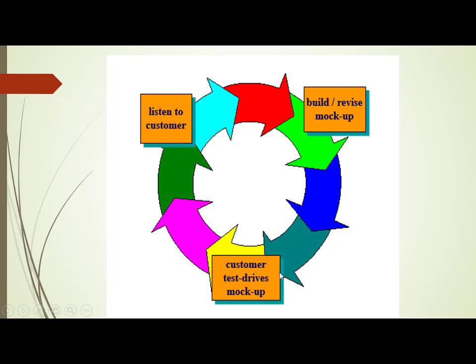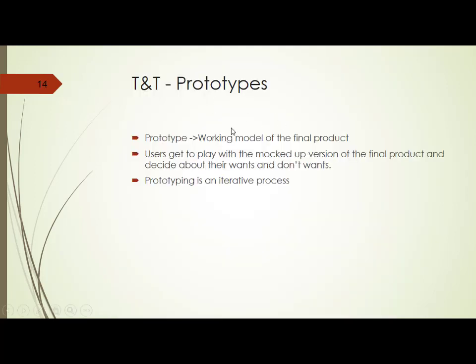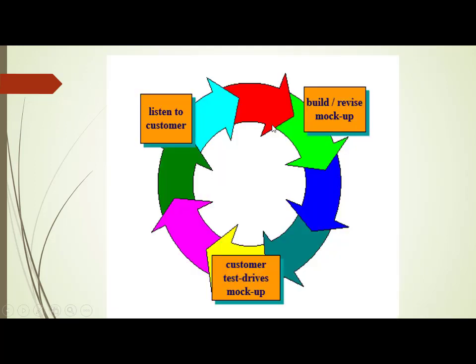So like this it keeps on going. Iterative. What is the meaning of iterative process? It's circular, it keeps on repeating until that particular prototype becomes an approved prototype. So this kind of methodology is called prototyping methodology. This also is one of the tools and techniques for collecting the requirements.